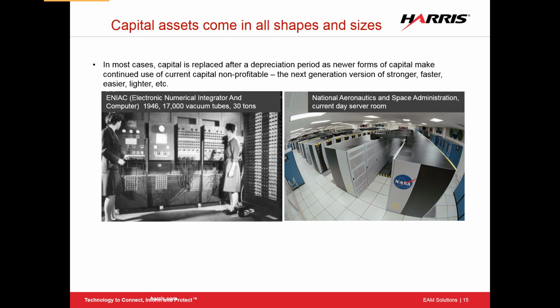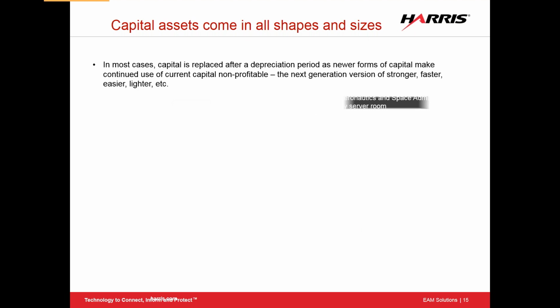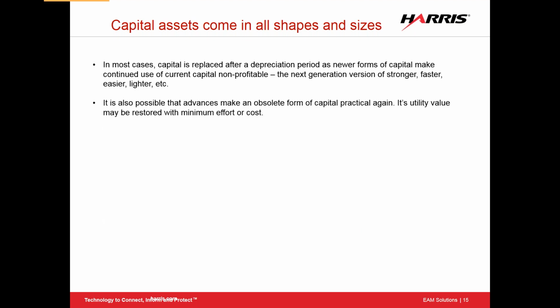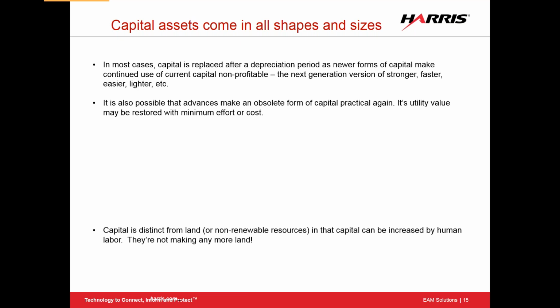So you can see that it's also possible that advances could make an obsolete form of capital practical again. Its utility value may be restored with something new that you can add to an existing item.